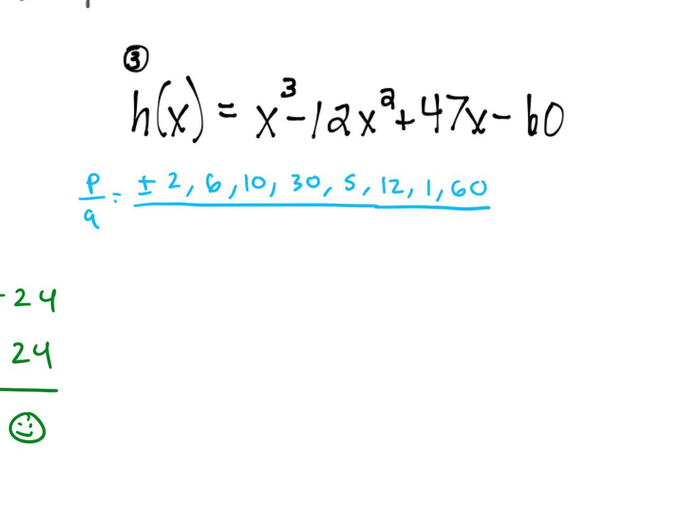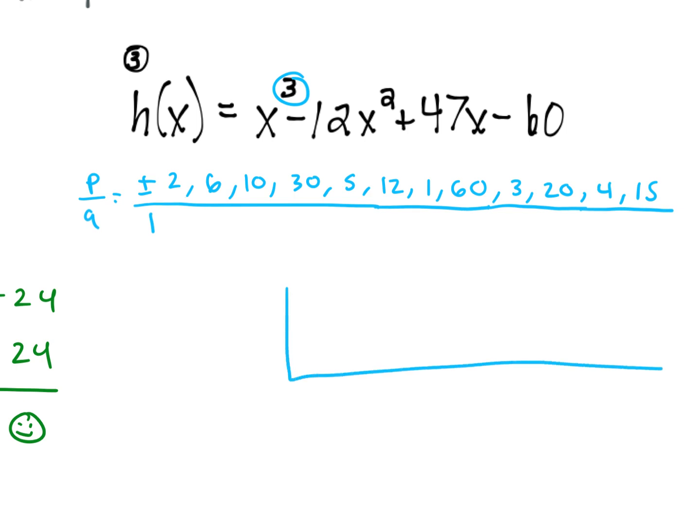Anything else? 3 and 20. Anything else? 4 and 15. I think that's all of them. What? Oh my god, there's so many. How many answers are we going to have? 3 of them. So only 3 out of these possible, however many we have here, are going to actually be answers. So let's test. What's going to go inside the box?